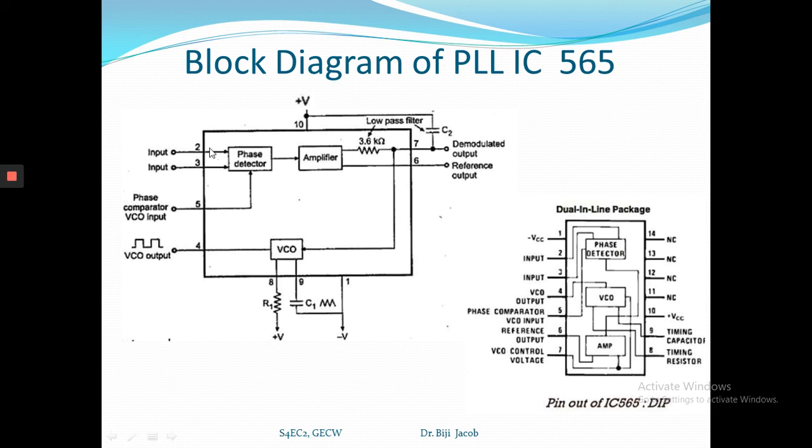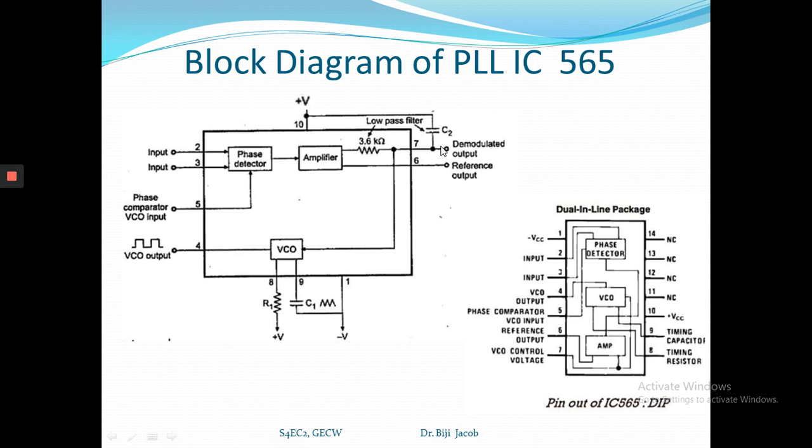The phase detector has two inputs, pin number 2 and 3, along with another input, pin number 5. Then it has an inbuilt amplifier. There is also an inbuilt resistance of 3.6 kilo ohm that forms part of the low pass filter along with the externally connected capacitance C2.